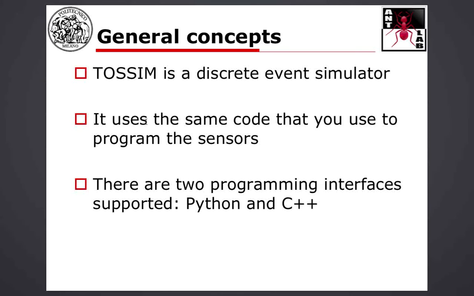So we write the code once and then we can compile it for real-life deployment or simulation. But the code is exactly the same. And we can set up the simulation using two different programming languages, either Python or C++. Now, all the examples that I will show are based on Python since it's easier to set up.